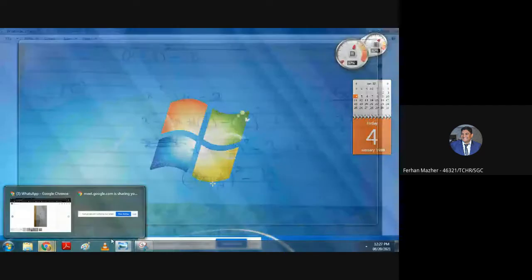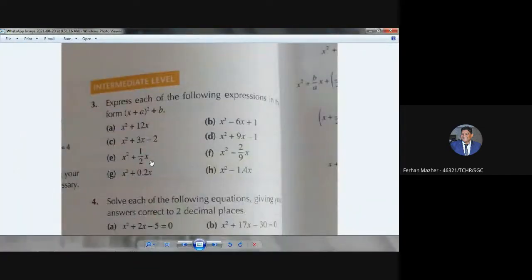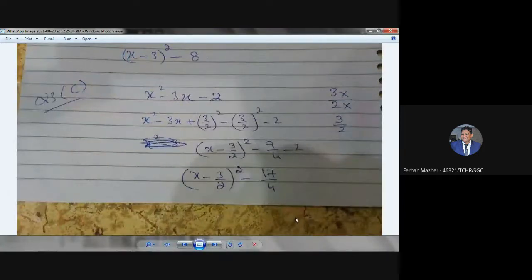Okay. Just let me note down the next question, the D part, that's x squared plus 9x minus 1. Okay, let me change. So you can do that in your copy. Kindly do that in your copy.